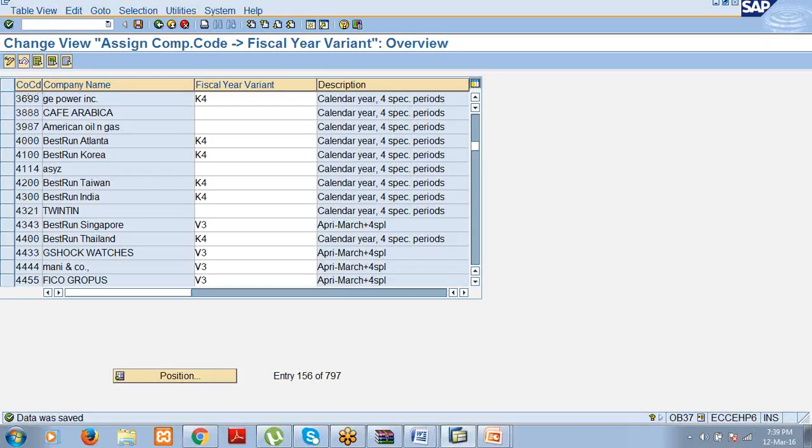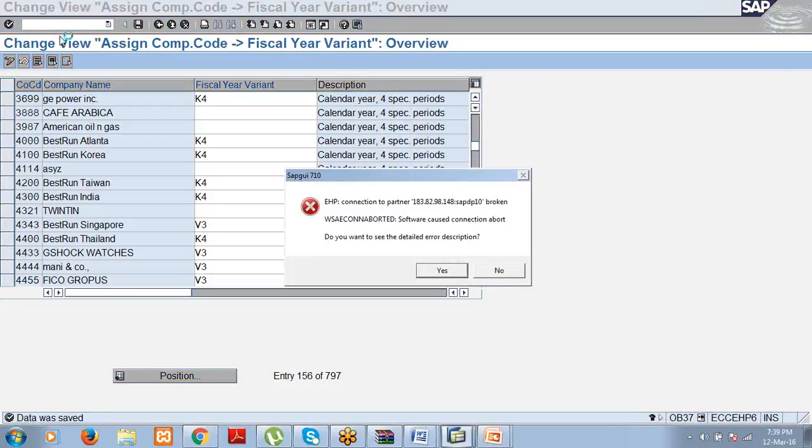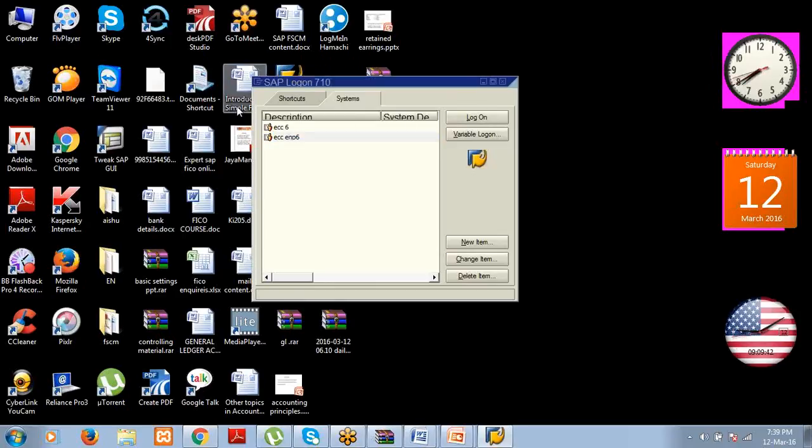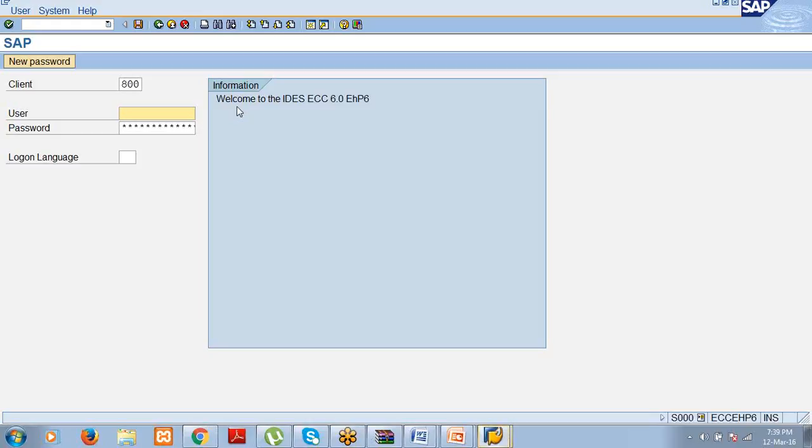SPRO. If you keep the server idle for 5 minutes, it will be automatically logged off.